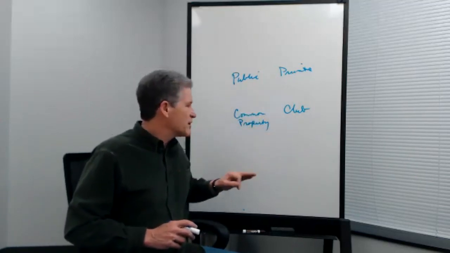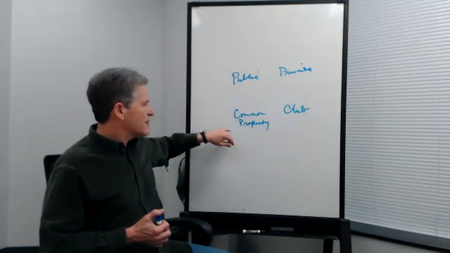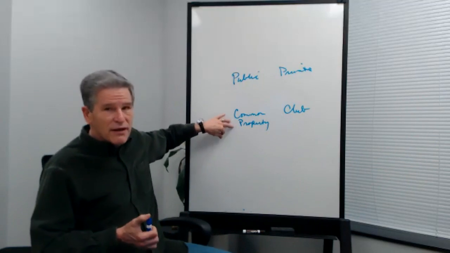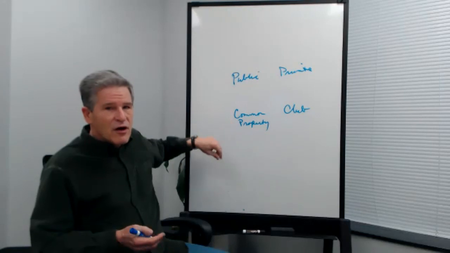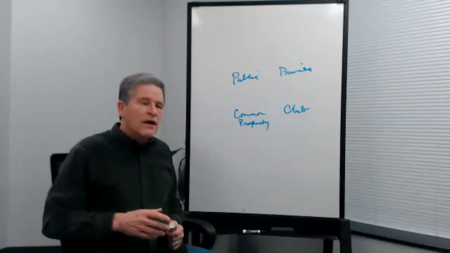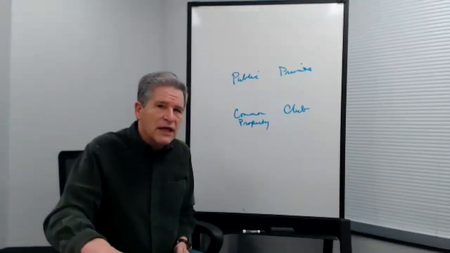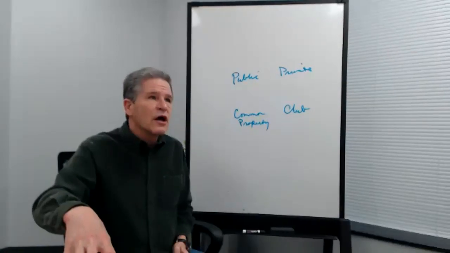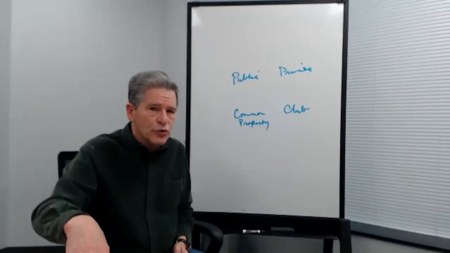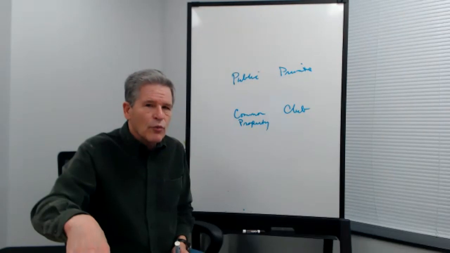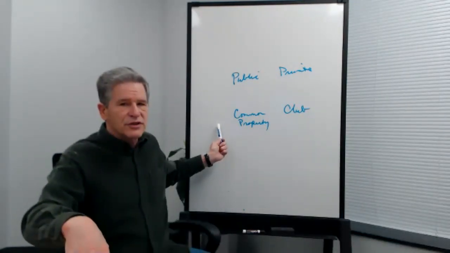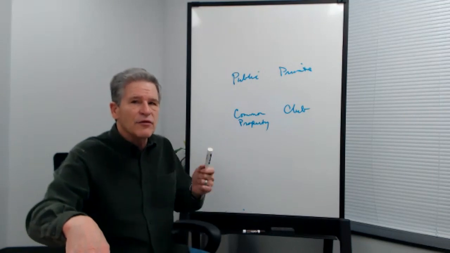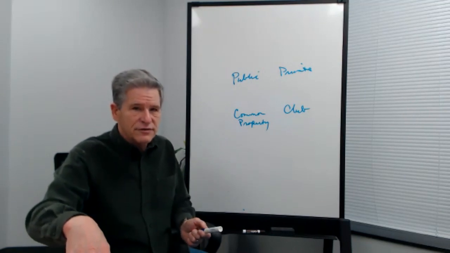There is this thing of club goods, and I've never messed around with club goods in my life. Common property resources, which I've spent a lot of time with, are things that can be commonly owned and used. But if one person uses more of a common property resource, there is less of it available for everybody else to use.